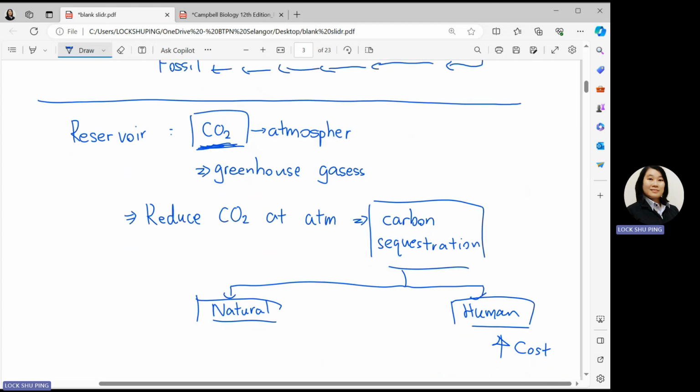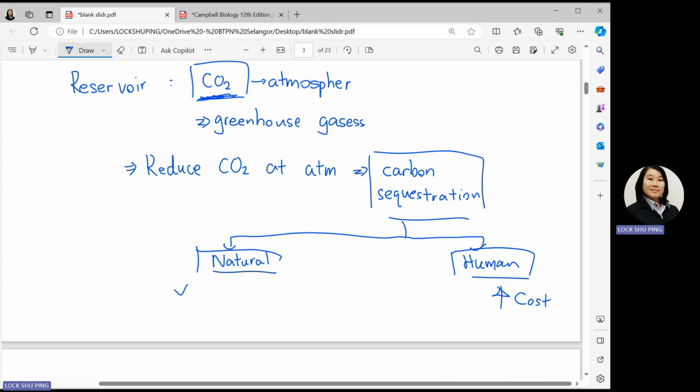One of the processes we already mentioned just now is with the help of biotic components through the process of photosynthesis. This process is called biosequestration.